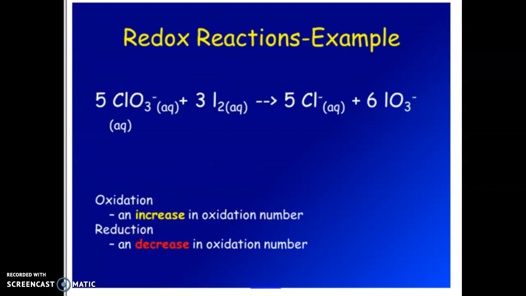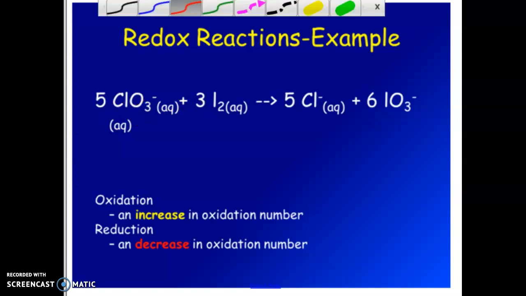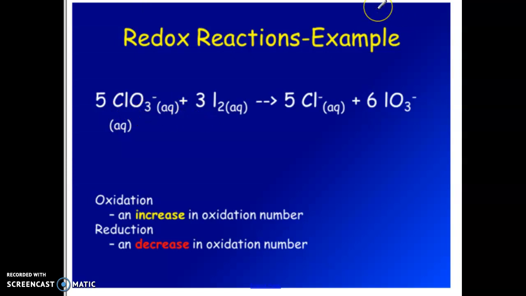Okay, so here we have a reaction, and we're going to practice our assigning oxidation number skills here. So the first thing we're going to do is assign every element that is in this reaction an oxidation number. Okay, so here we have chlorine and 3 oxygens, and this is a polyatomic ion. Remember, we're assigning for each element.